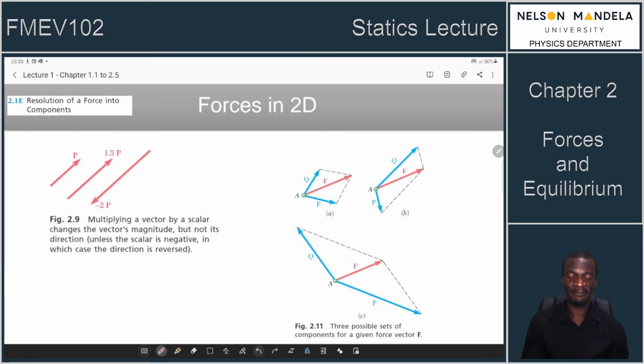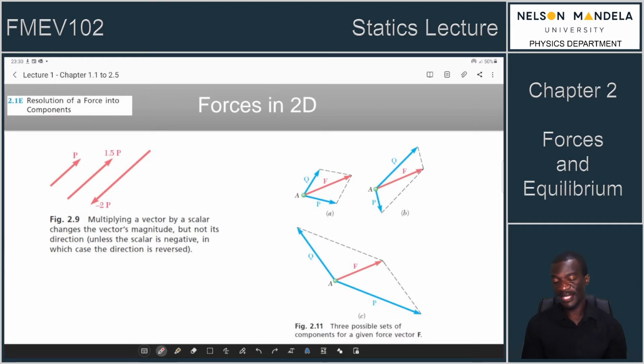Of the scalar and its initial size. If the scalar is negative, it will simply flip the direction of the force and multiply the size of the force by its magnitude.